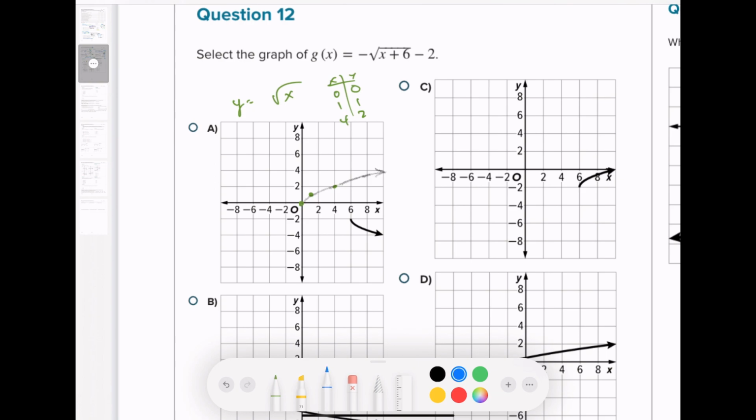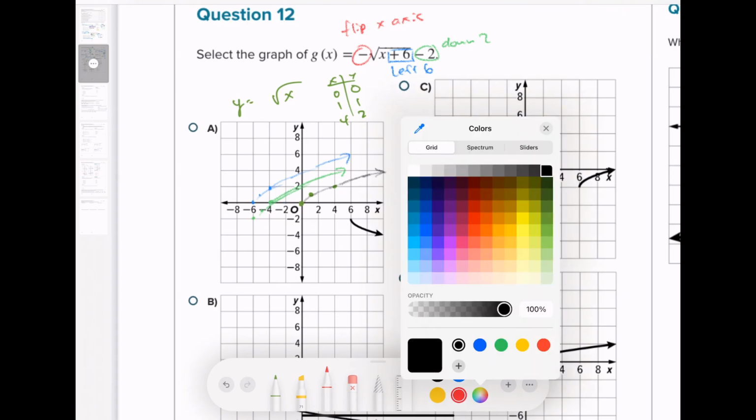But then we're going to shift it left 6. 2, 4, 6. And then we're going to go down. So now that's what my transformation looks like in green. And then we're going to flip this on the x-axis, a vertical reflection.